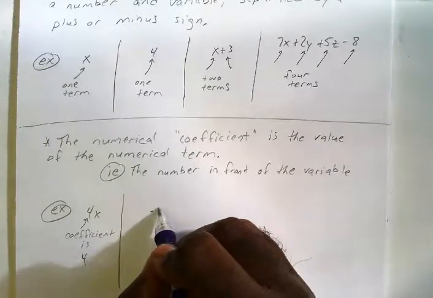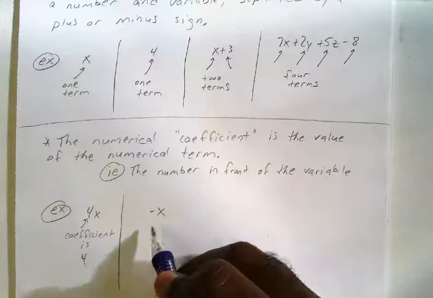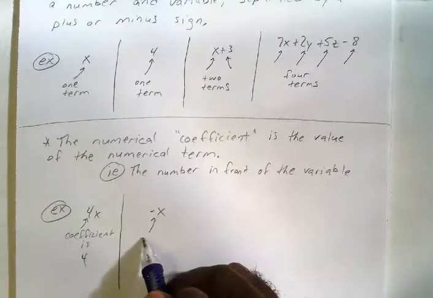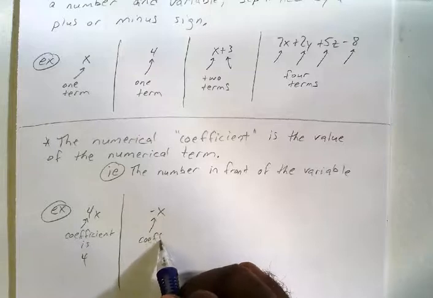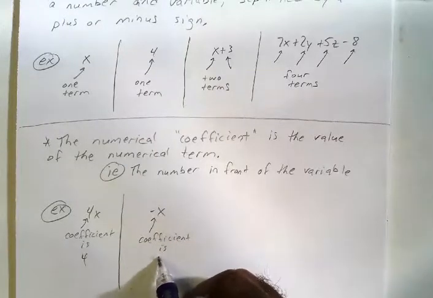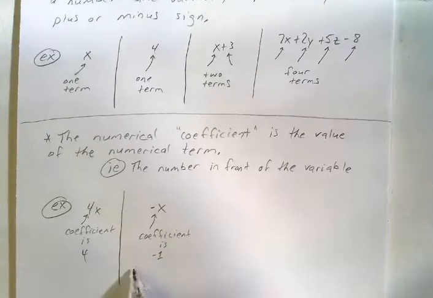If you have negative x, that means your coefficient is negative 1. Okay, that's because negative x is the same as saying negative 1 times x.